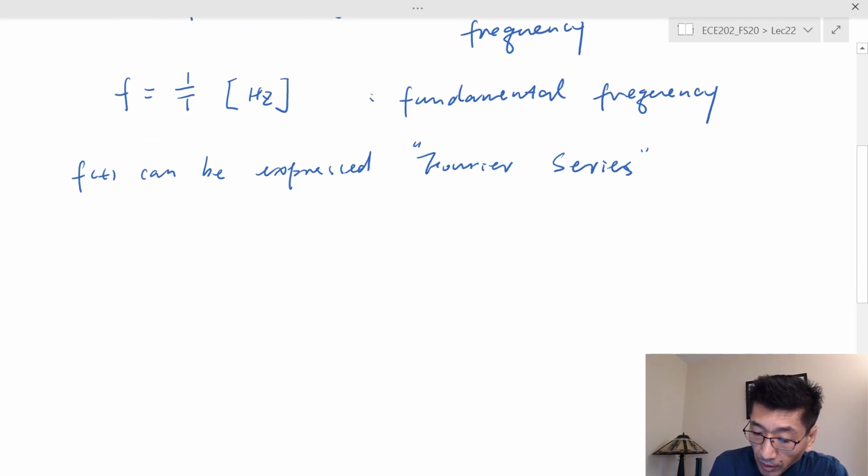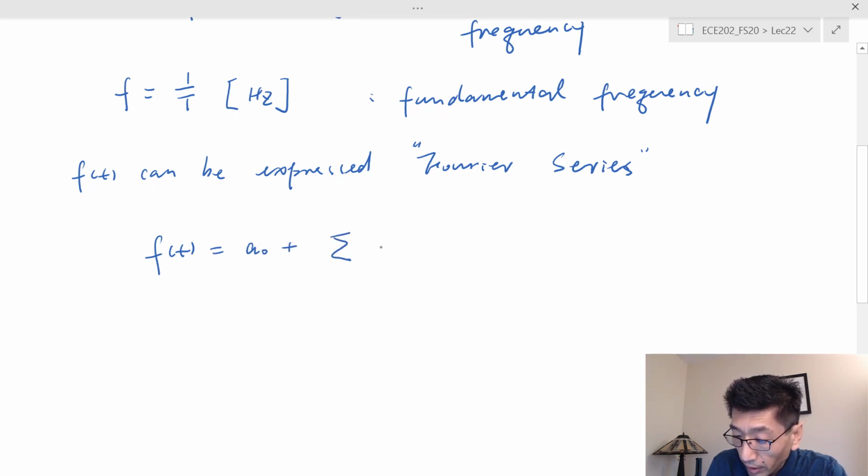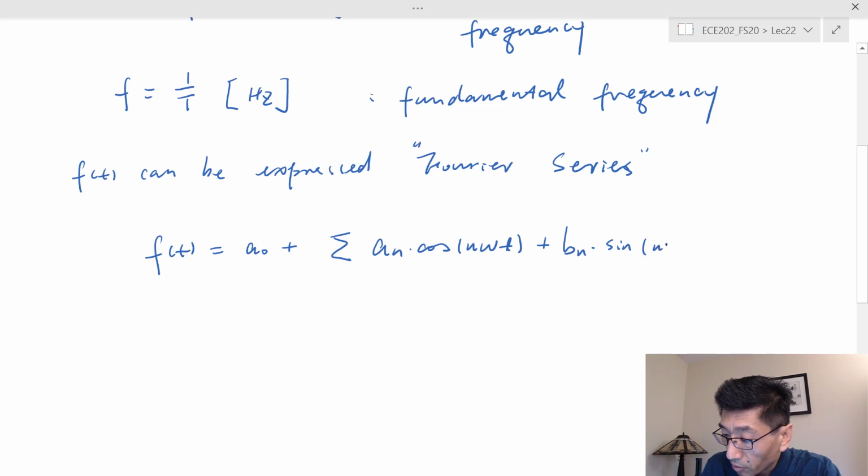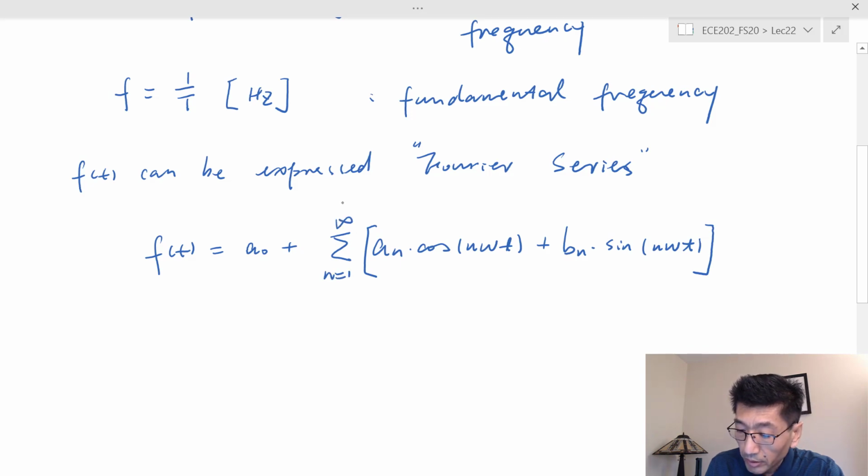So f(t) is going to be equal to a0 plus the sum of a sub n times cosine n omega t, where omega is the fundamental angular frequency, plus b sub n times sine n omega t, and n goes from 1 to infinity.